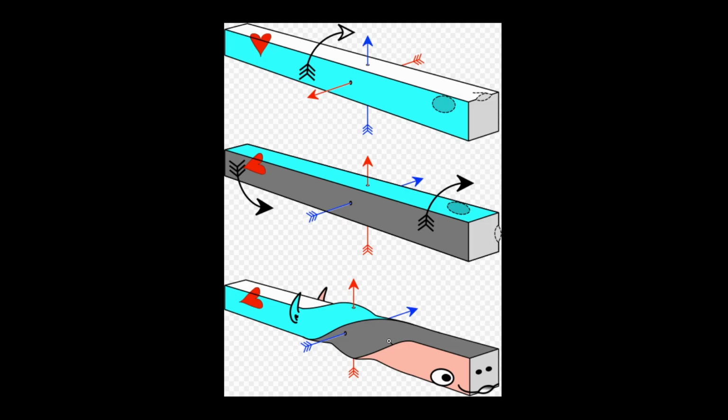But suddenly we have a lot of twisting internally. So we'll get things like this eye is connected to this part of the body and vice versa, which is exactly what we see in vertebrates, including us.